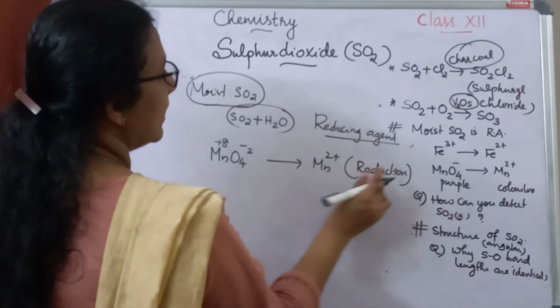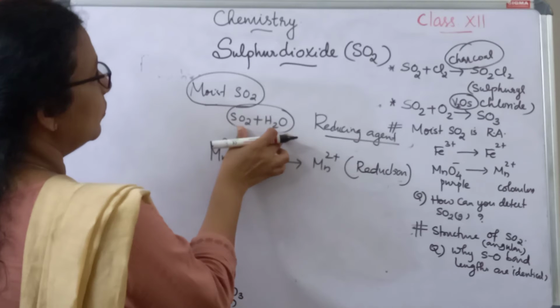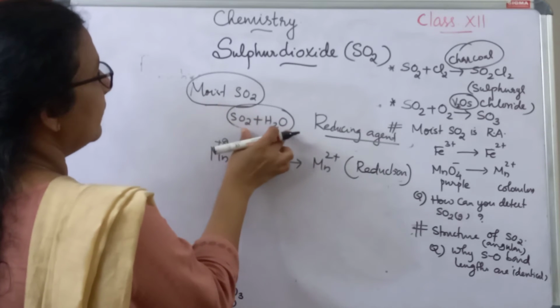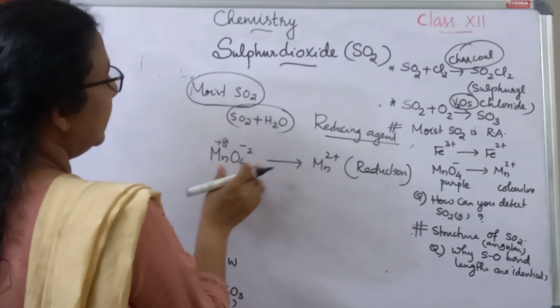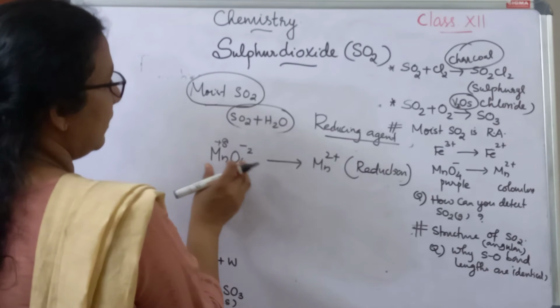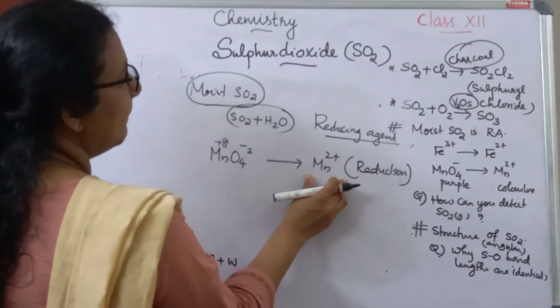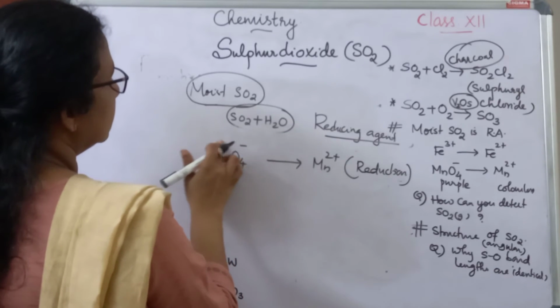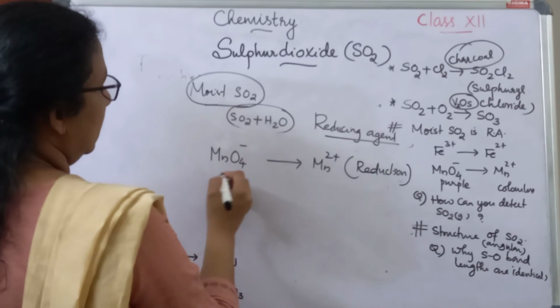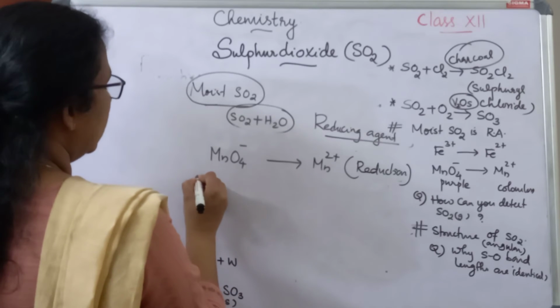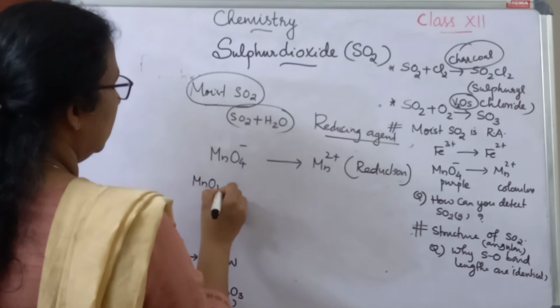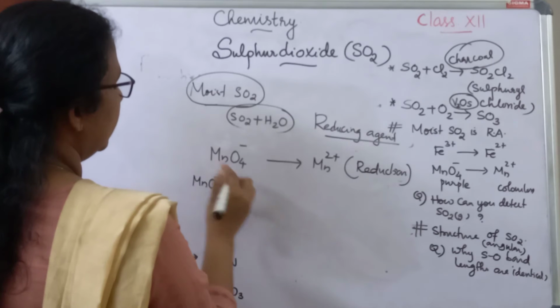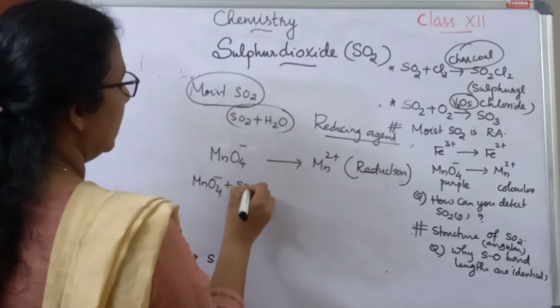This reduction reaction takes place in the presence of SO2 and H2O. So moist sulfur dioxide will reduce this MnO4 2- or MnO4- to Mn2+. We can write the equation: MnO4- plus SO2 plus H2O.